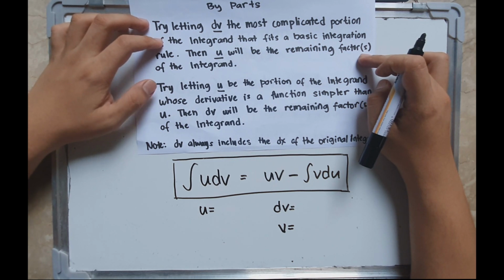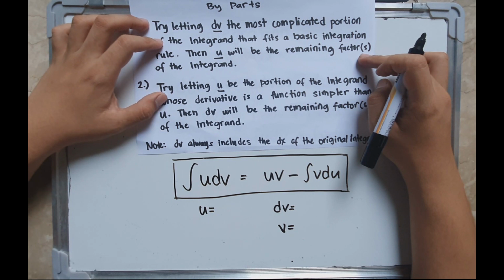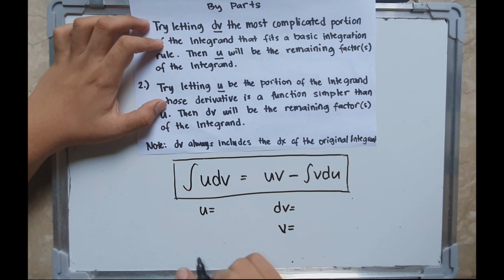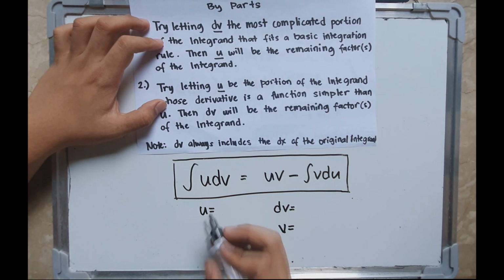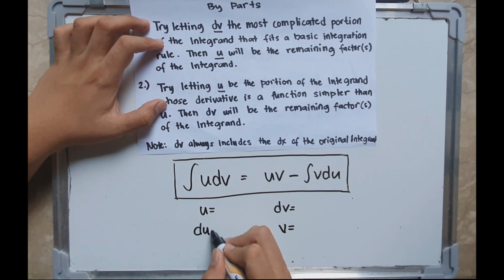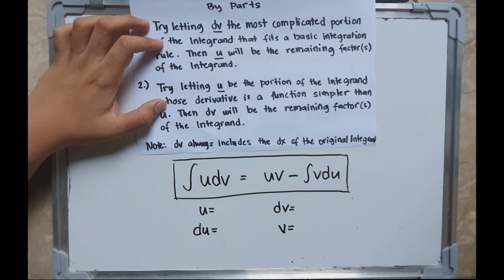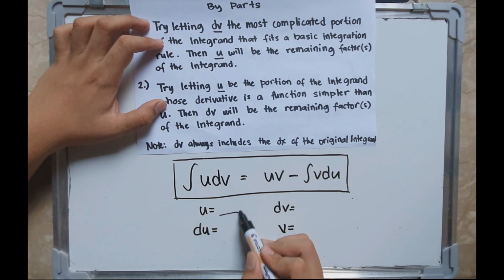Number 2, try letting u be the portion of the integrand whose derivative is simpler than u. Meaning to say, u here should be easy to differentiate. Why? Because what shall we do with u? We will be differentiating u to find du. Okay? Now we have to fill in these items. What is the u?